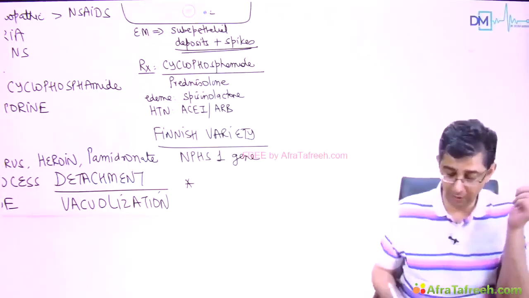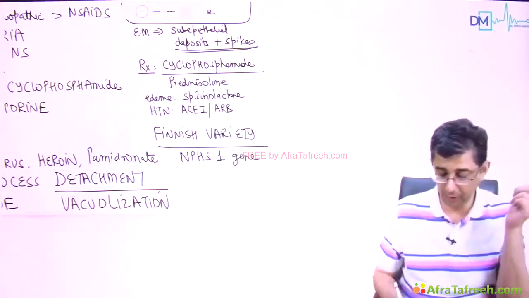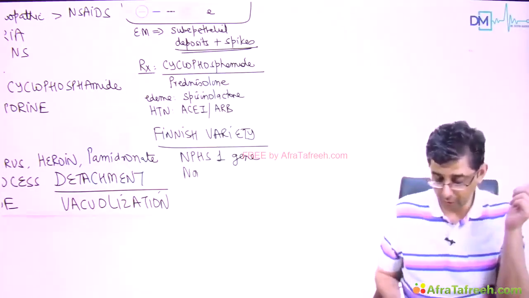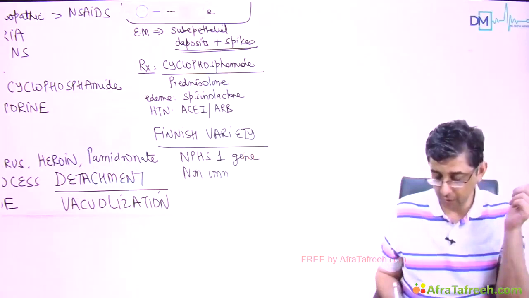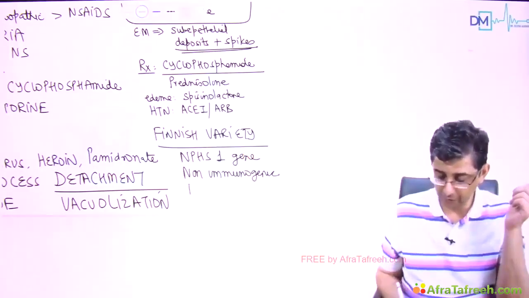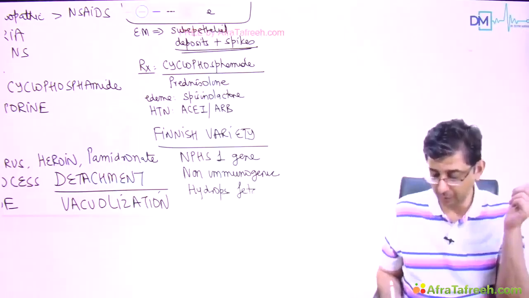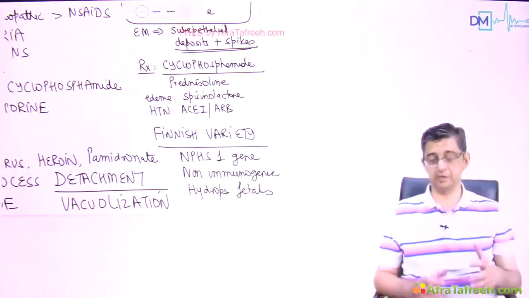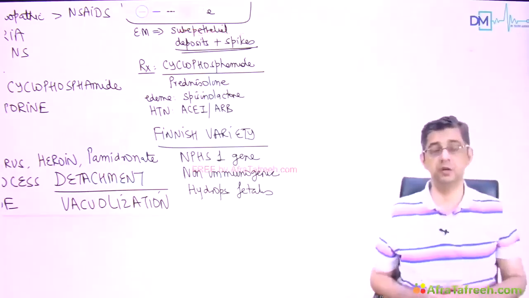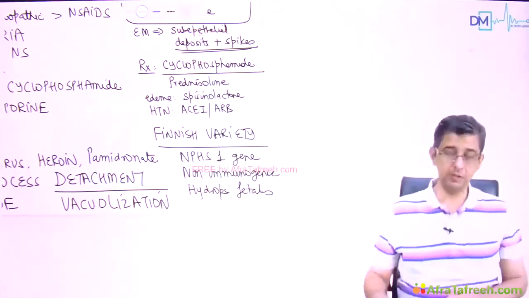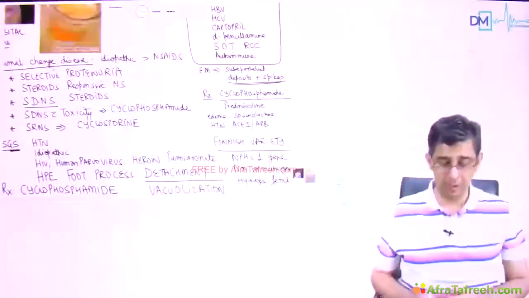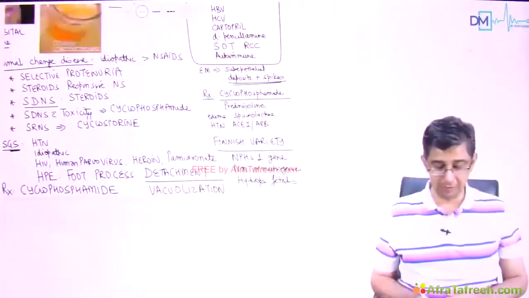The clinical presentation of Finnish variety of nephrotic syndrome is non-immunogenic hydrops fetalis. You know that Rh incompatibility is responsible for development of immunogenic hydrops fetalis, whereas the Finnish variety causes non-immunogenic hydrops fetalis. So these are some important causes of nephrotic syndrome to be remembered for questions.